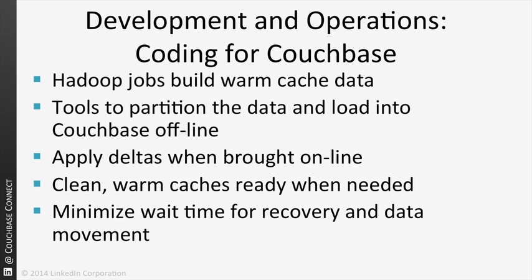We have some tools that will create different files and put them into different partitions of Couchbase, so we only have to load up what's in each partition locally to the machine. We can then take those files, load them up into Couchbase, and once they come up, apply any deltas that happened since we took the snapshots. And again, we have clean, warm caches ready.